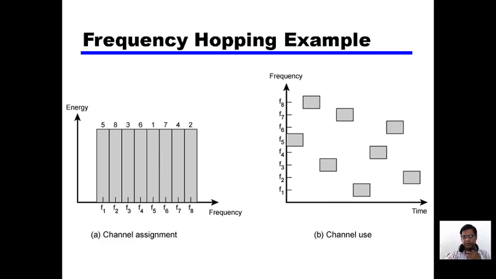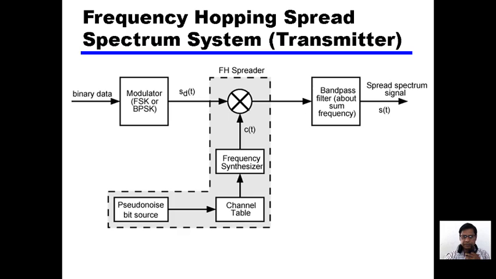This is about frequency hopping. We can see the example of how it performs at the transmitter end and at the receiver's end. At the transmitter end, binary data is transmitted. What is binary data? As you know, 0101.